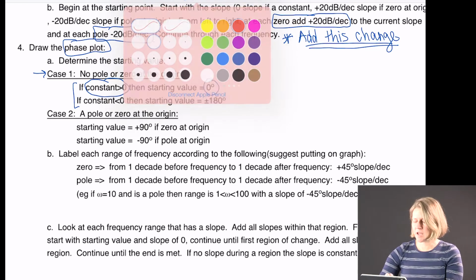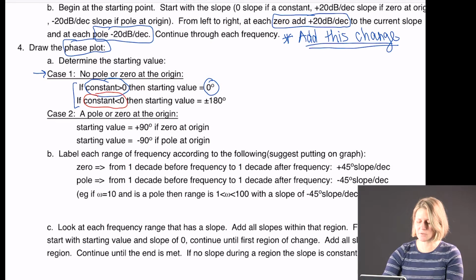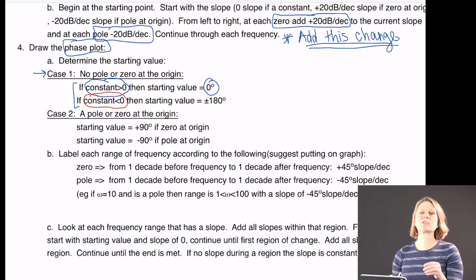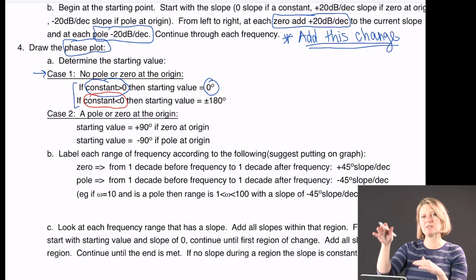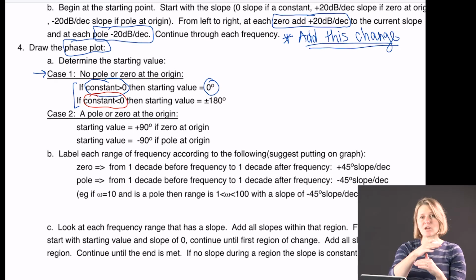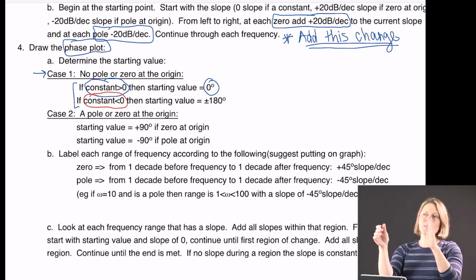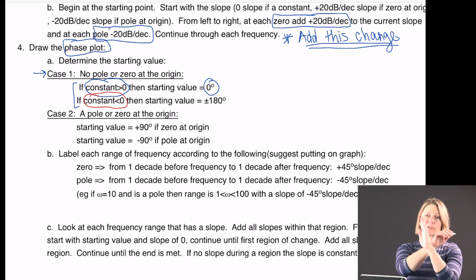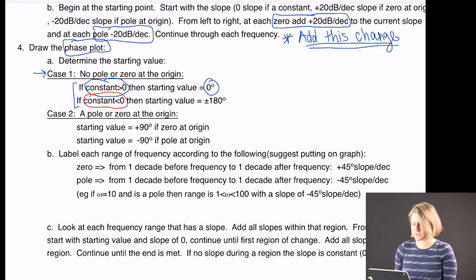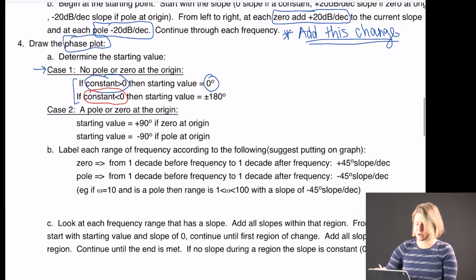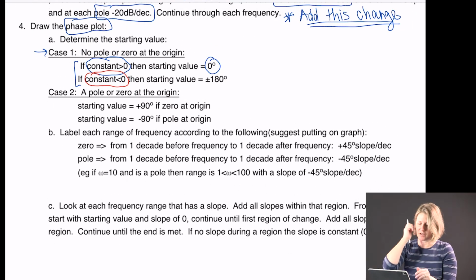If you have a negative, then your starting value is plus or minus 180. That just means that it's negative. If you think about the imaginary and real plane, it means that you are in a negative value, and it's a negative real. So yes, you're 180 degrees from the positive side of the real.